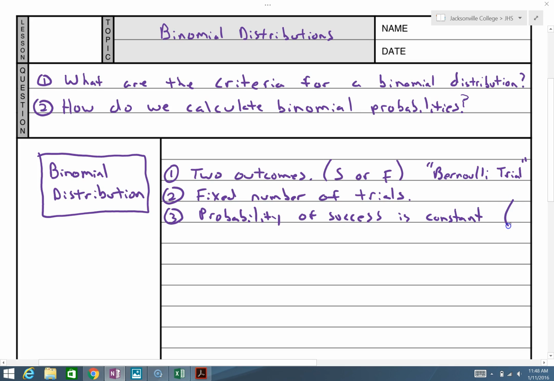And we'll call this probability p. Number of trials, like our sample size, will be n. And lastly, the trials are independent. You might think this is closely related with number three. You know, the outcome of one event gives us no information about the outcome of the next one.